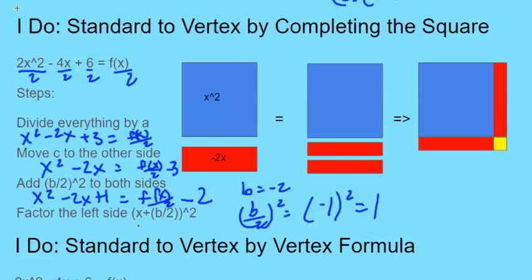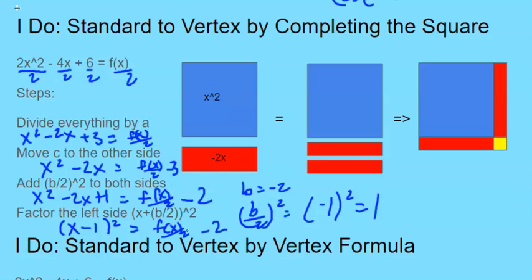Factor the left side to get x plus b over 2, and then all that's squared. So you have x, and b over 2 is negative 1, so we have x minus 1 squared on this side equals f of x over 2 minus 2.